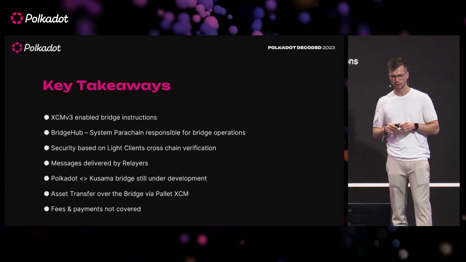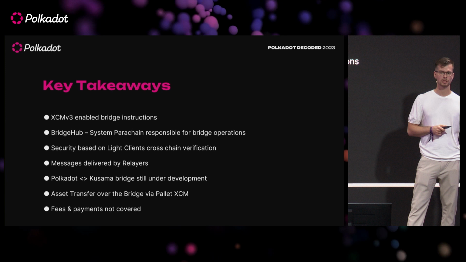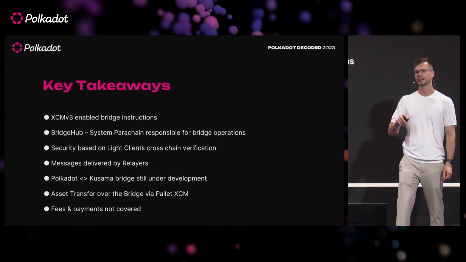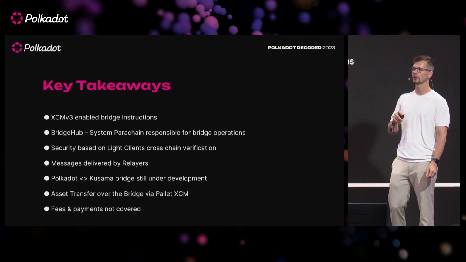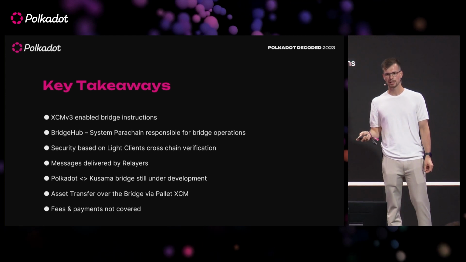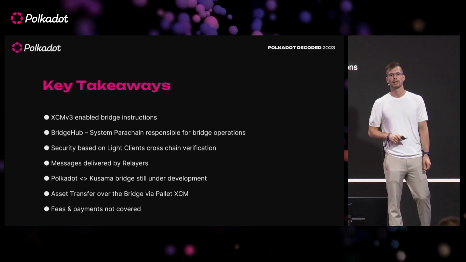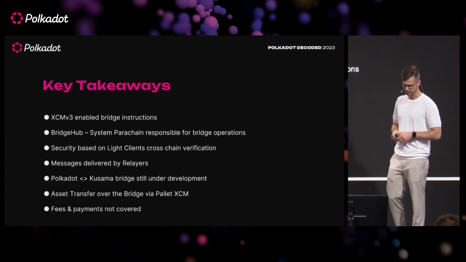And we need to remember that the asset transfer will not be via the demo pallet. It will be directly by the XCM pallet. The same we can say about sending general XCM instructions over the bridge. For that, we will need to use the XCM pallet directly.